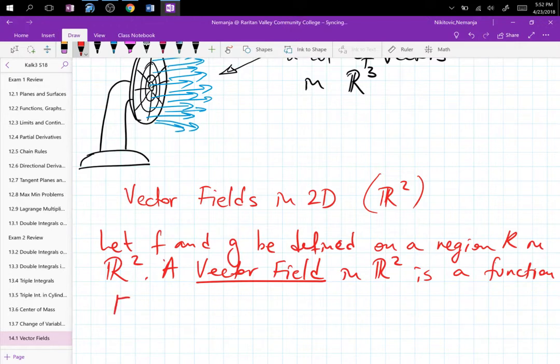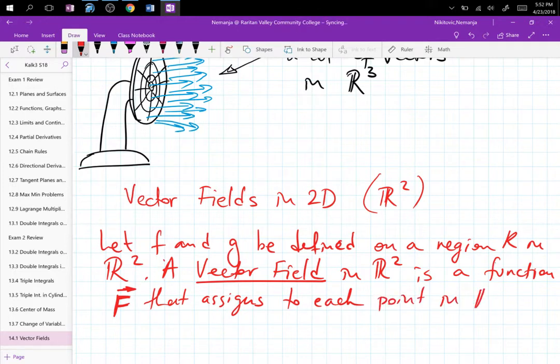Now you have to be very careful. This f needs the arrow on top because it is the vector field representation that assigns to each point in R a vector f of xy, g of xy.